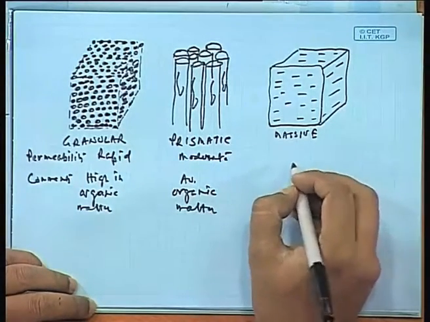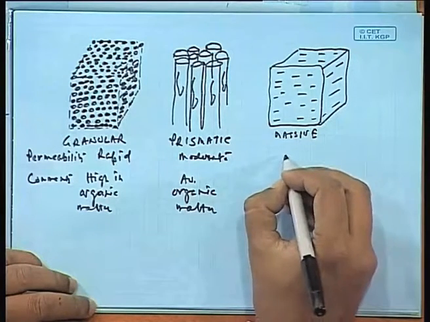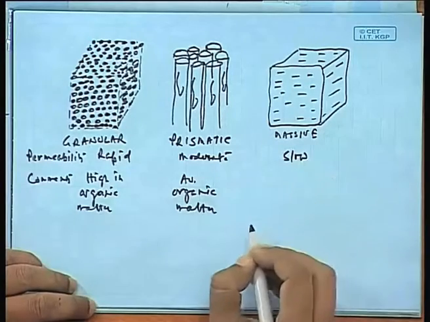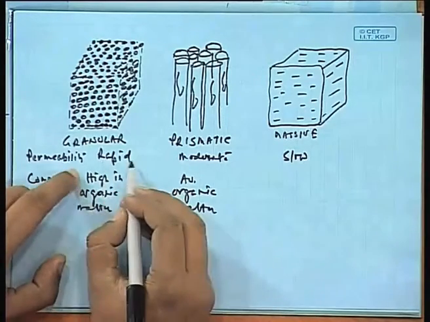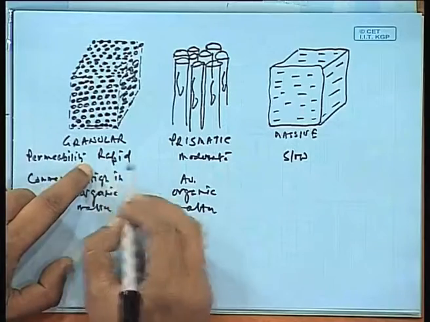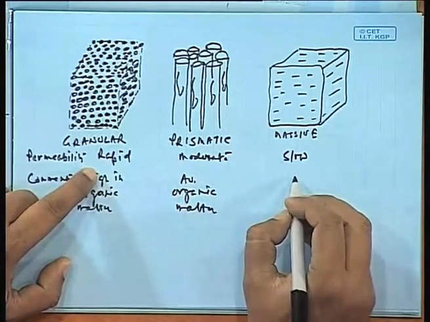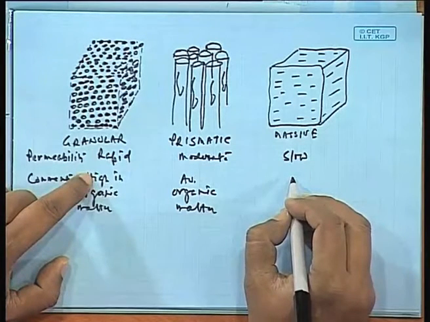And if you see massive, it is very slow, so it's a very low or slow permeability. This is more of a field type. The characterization, rapid, slow: as you can see, the massive becoming slow.